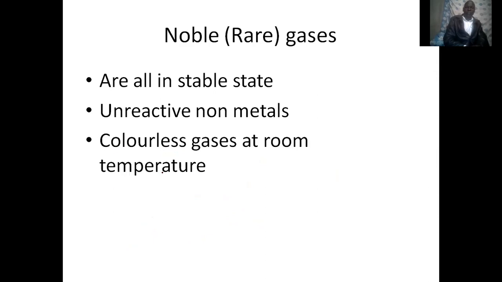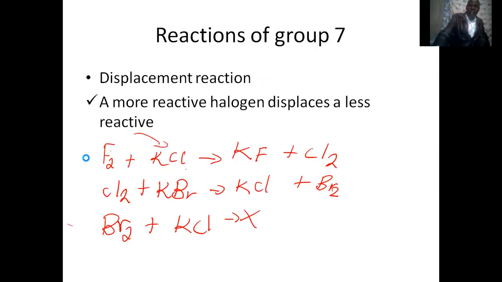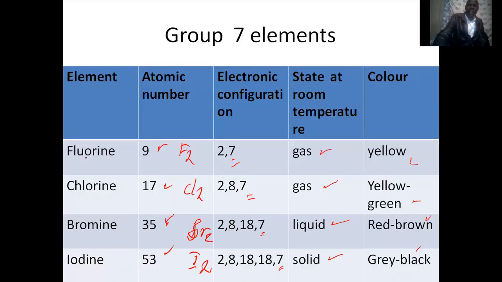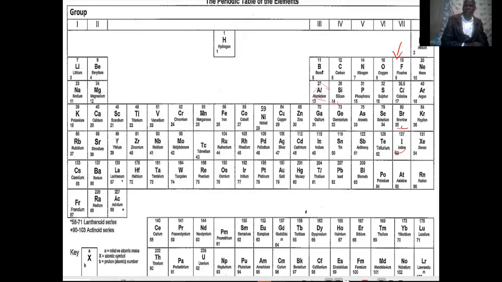In group 8, we have another group of elements known as noble gases. They have a stable electron configuration. For example, helium has 2 electrons, and the rest, which you find in the atmosphere, have 8 electrons in their outer shell. Their outer shell is already completely filled, so they are stable and don't react at all.